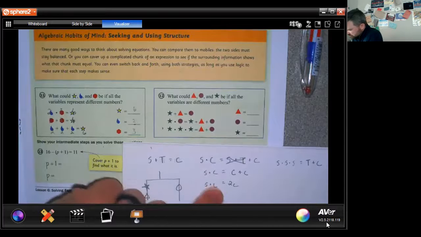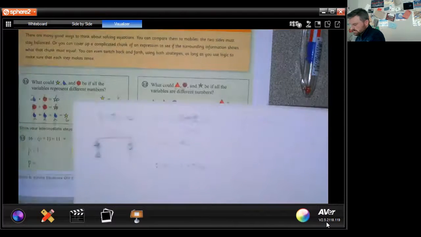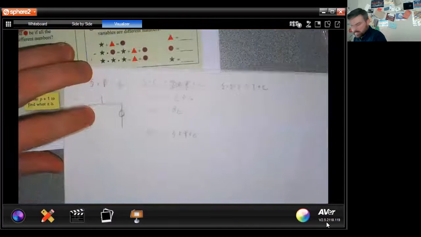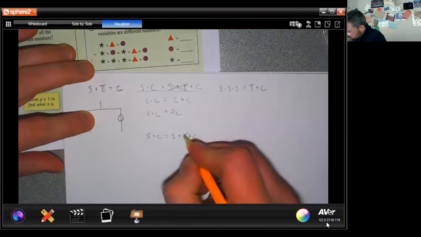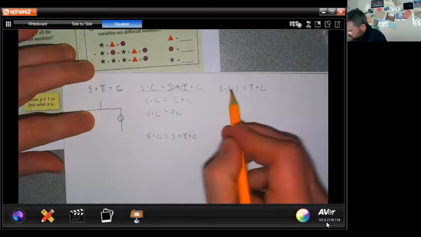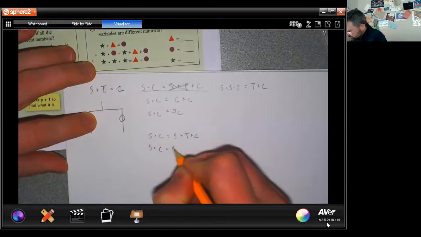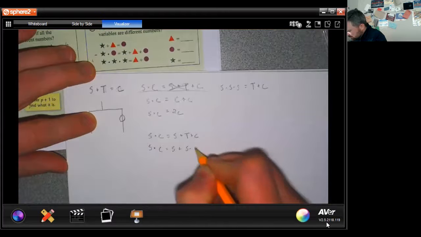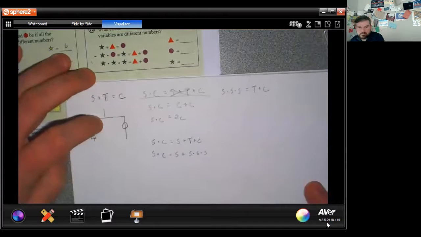Let's see here. Let's go back to this original. S times C equals S plus T plus C. Whoops, I'm sorry, I'm not even on the page here. And what if we use this, that T and C, so this equals S times S times S. So S times C equals S plus S times S times S. Well, that's a lot of stars.